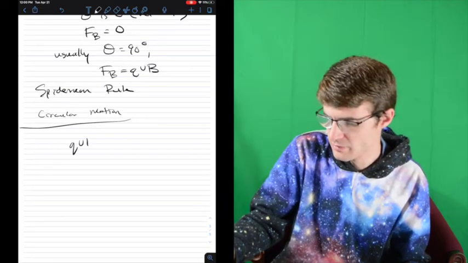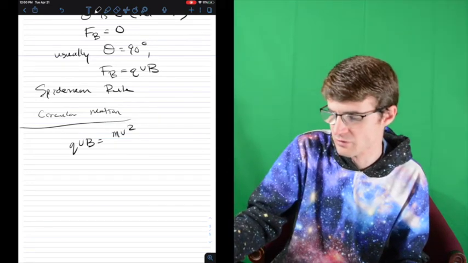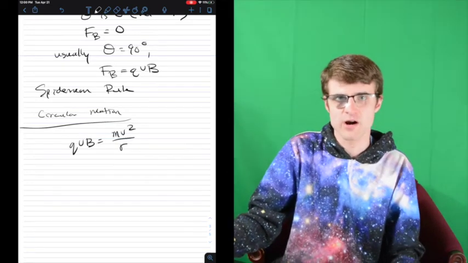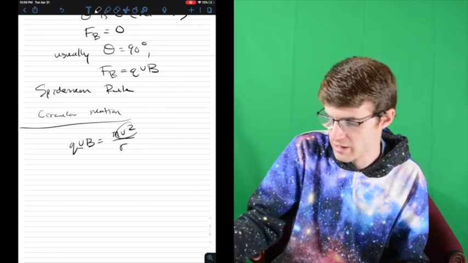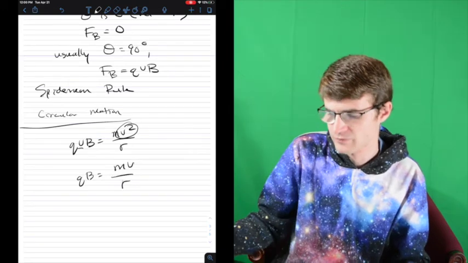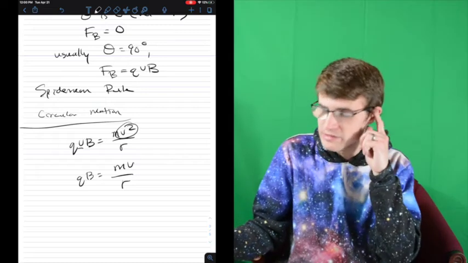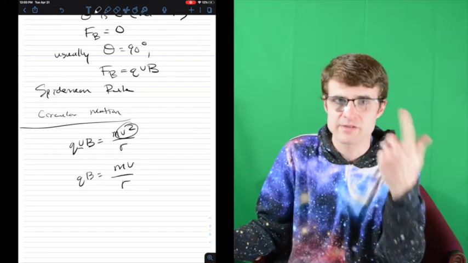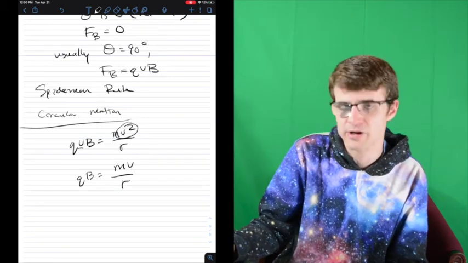So QVB is the centripetal force, which means you can set that equal to mv squared over r, because that particle is now executing circular motion. There's a v on both sides, so we can simplify that a little bit, and we have a master equation that relates the amount of charge, the strength of the magnetic field, the mass, and the velocity of that particle to the radius of orbit. So we have this little relationship here.